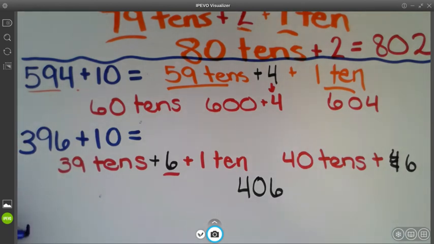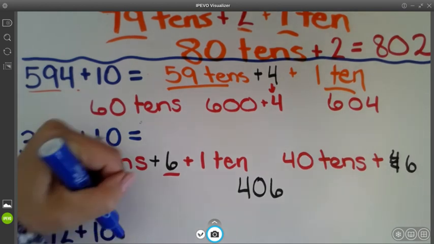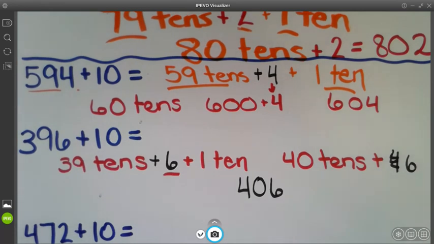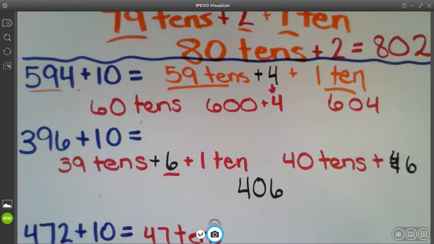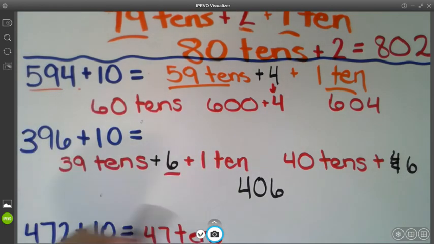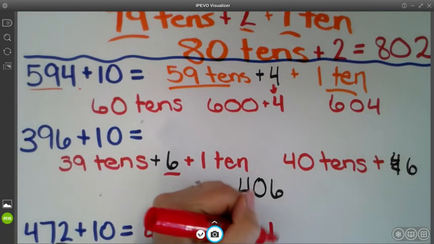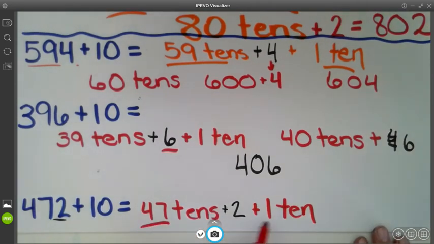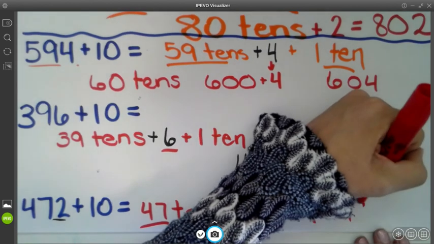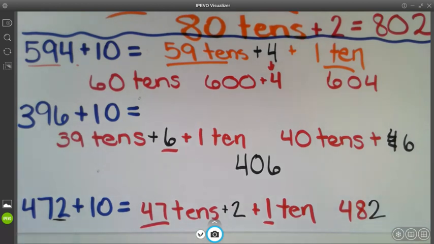So if you want to try 472 plus 10 again, of course, how many tens do you have? 47 tens. You have that extra 2 hanging out, and you're going to be adding 1 ten. So you're going to say 47 tens plus 1 is 48 tens, 480, plus 2 is 482.